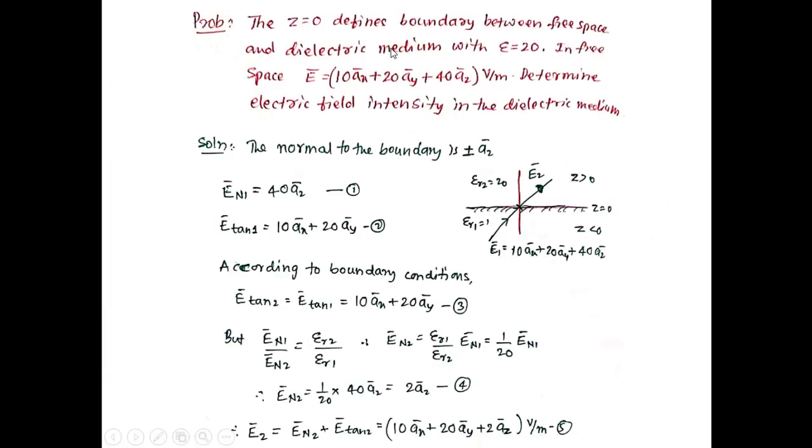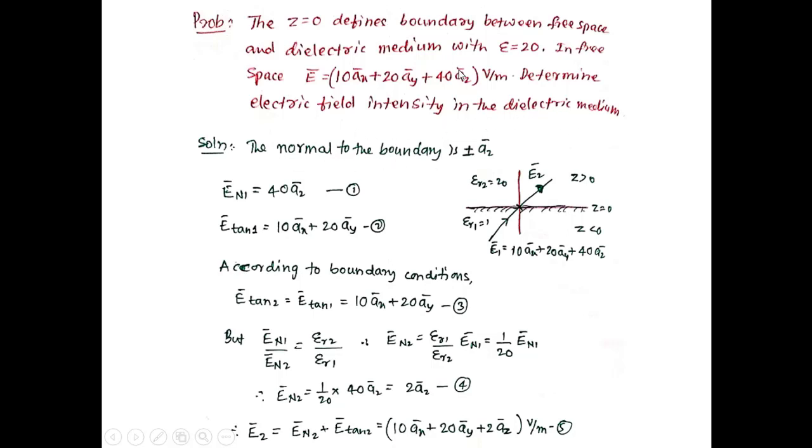Next problem: determine the field at the boundary between two dielectric media, where one dielectric has relative permittivity 20 and the other is free space, with epsilon r equal to 1 and epsilon naught equal to 8.854 into 10 raised to minus 12. Here E bar is given as 10ax bar plus 20ay bar plus 40az bar volt per meter, and we must determine the electric field intensity in the dielectric medium.